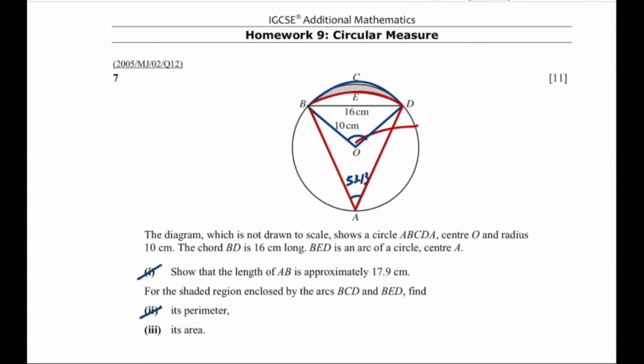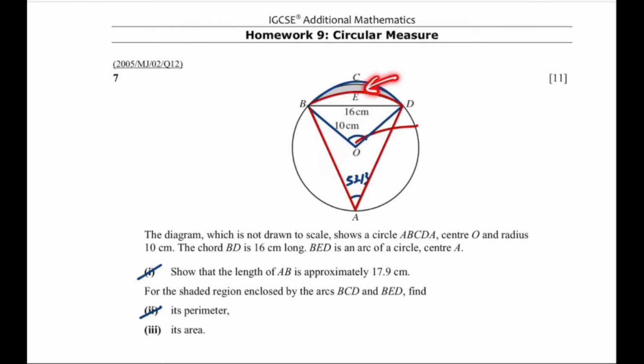Okay, area. Let me think about that first. How do I find area? Probably I need to find the area of the sector BCD plus triangle BOA plus triangle AOD, the whole thing here, minus the sector of ABD.